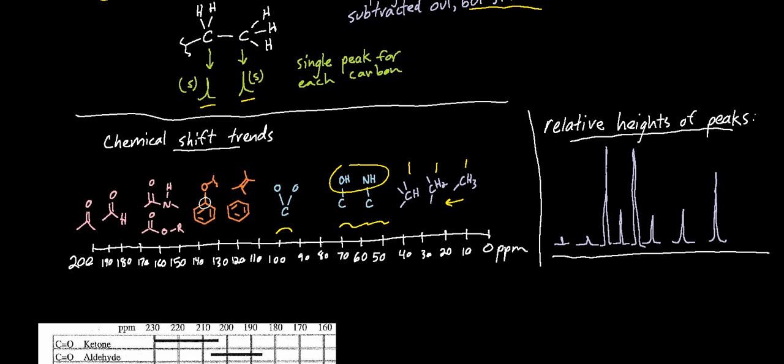Aromatics and alkenes are in the aromatic region, about 110 to 140. An oxygenated aromatic carbon is often very de-shielded, more like around 150, 160. Because when you think about it, it's almost like a carbonyl, right? A double bonded carbon with an oxygen on it. Carbonyls are among the most de-shielded things.